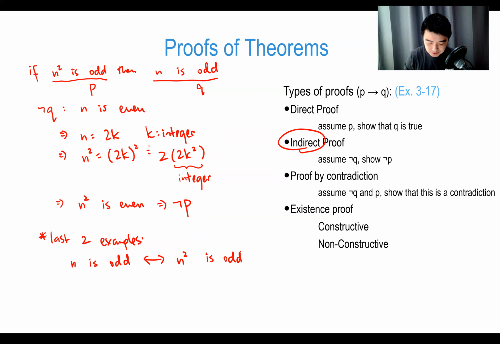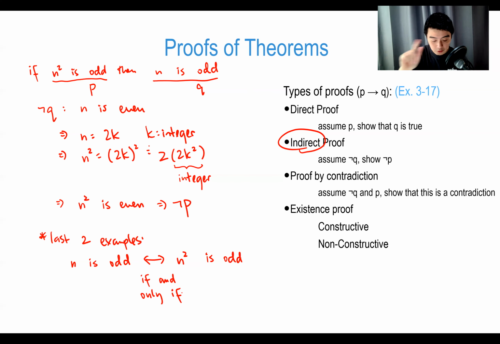So what that tells you is that anytime you see a biconditional, and by the way, how do we read a biconditional? It's if and only if. So essentially what we proved in the last two examples is that n is odd if and only if n squared is odd. So anytime you see a proof like I want to prove this if and only if this, then essentially I need to go two directions.